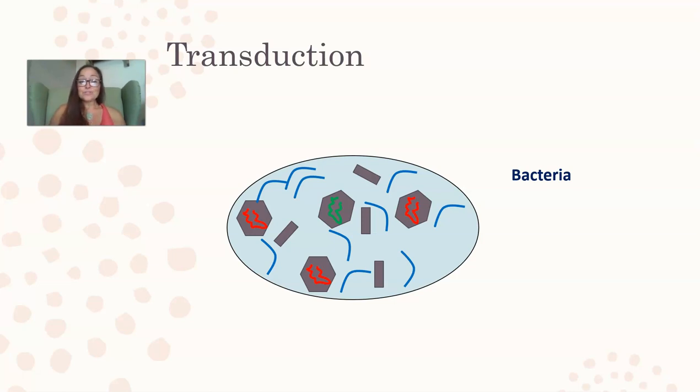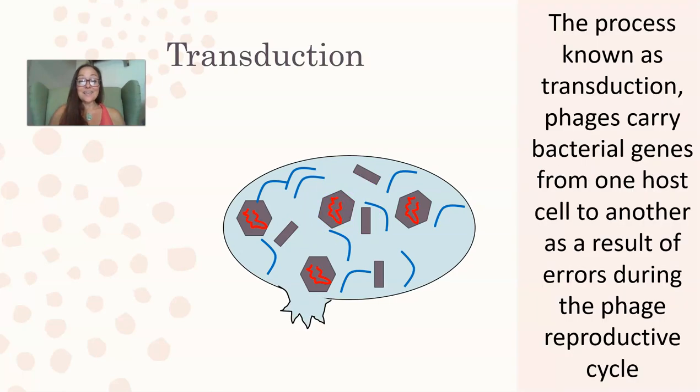So now during that lytic cycle, when that virus busts out and goes to infect other bacteria, it's not injecting viral DNA, but rather bacterial DNA. So it's kind of like a little transport from one bacterial cell to another, moving DNA or genes around.